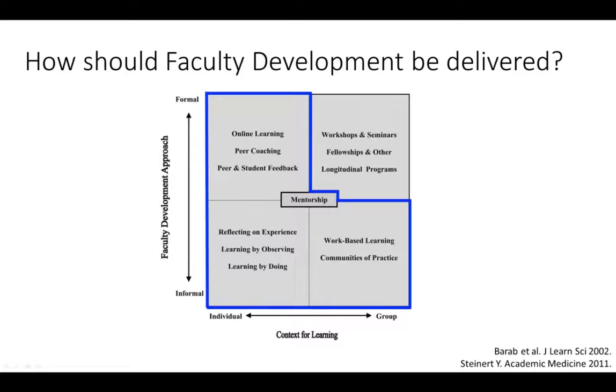So given that, when we look back at the figure that I showed you a few moments ago, you can see that the informal and the work-based learning strategies, the ones highlighted here in the blue box, tend to be more effective than the one-time, very teacher-directed activities like workshops and seminars, which are in the upper right-hand corner.